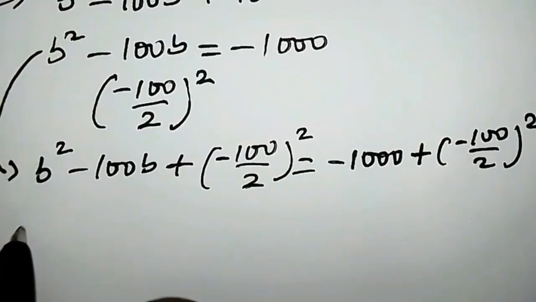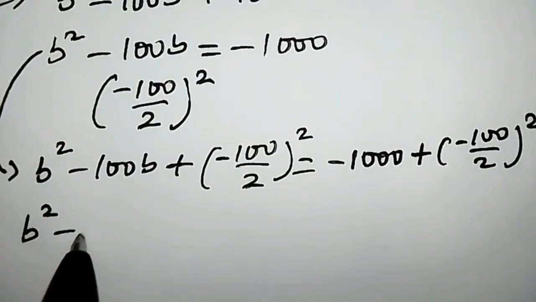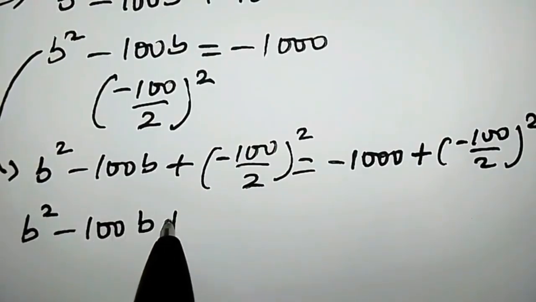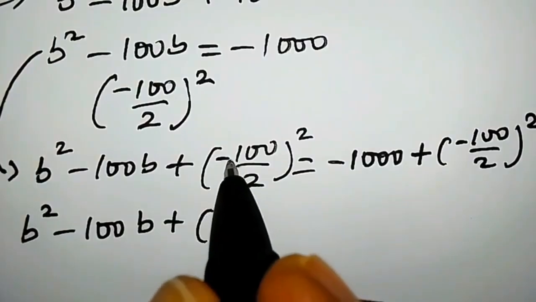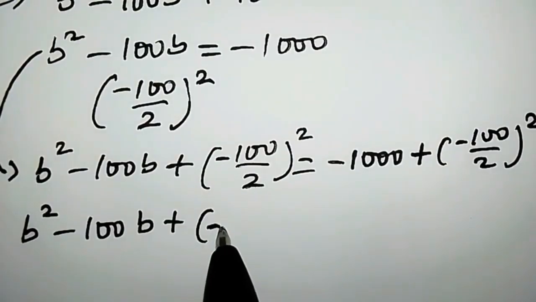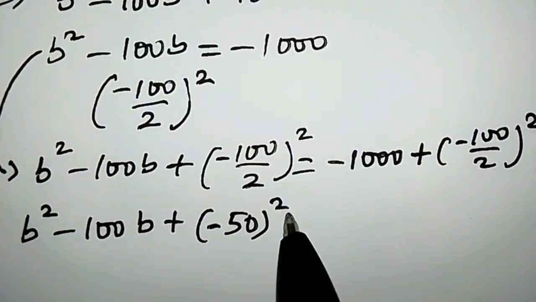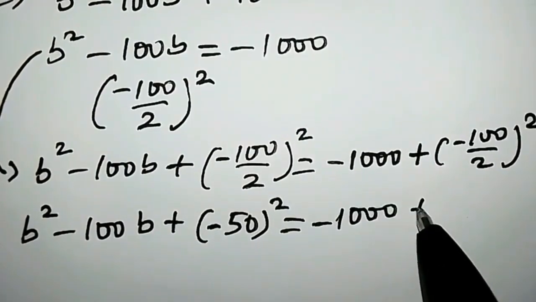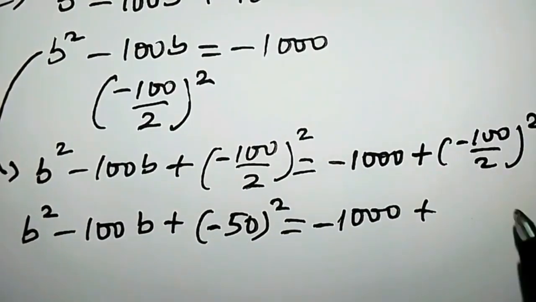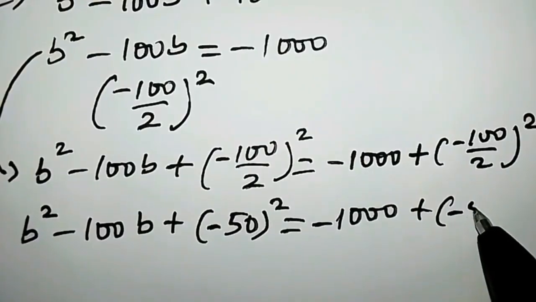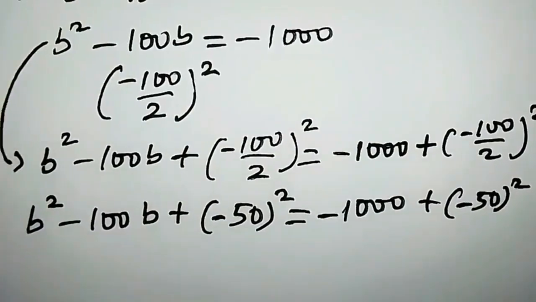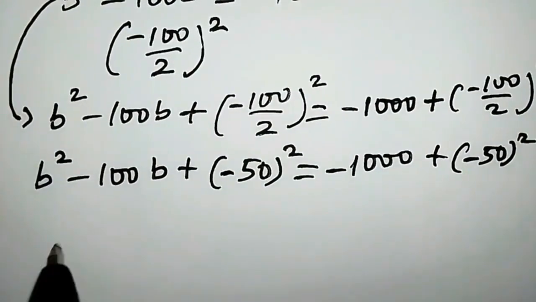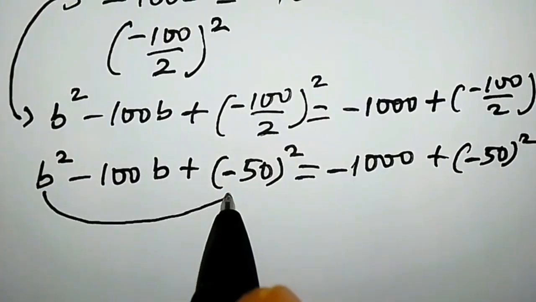So we have b square minus 100b plus (minus 100 divided by 2, that is minus 50) all squared equal to minus 1000 plus (minus 100 divided by 2, that is also minus 50) all squared. Let's proceed further. It is possible to combine this left hand side.